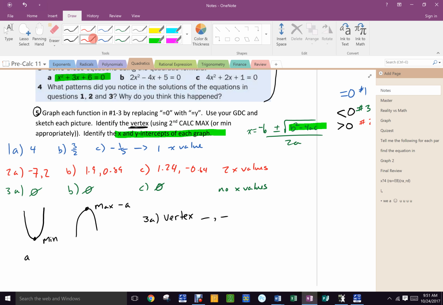Is anybody ready to volunteer the vertex of 3A? Sophie, the x value is negative 1.5 and the y value is 3.75. Was everybody able to do that?